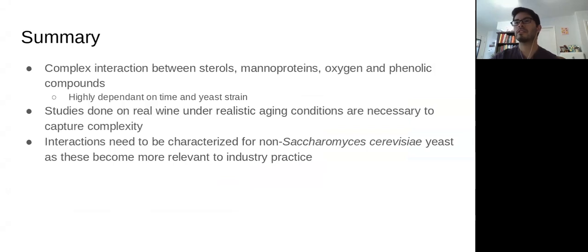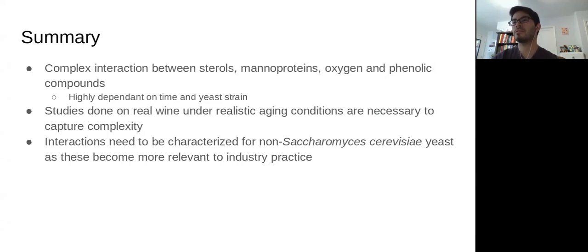So the interactions between sterols, mannoproteins, oxygen, and phenolic compounds are complex, and they strongly depend on contact time and yeast strain. In order to capture this complexity, more studies need to be done under realistic aging conditions, especially in regard to aging time and aging temperature. A lot of the current research is done under accelerated aging conditions, so usually at a significantly elevated temperature than what we'd normally do in practice.